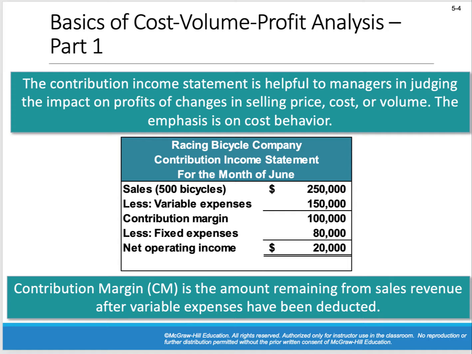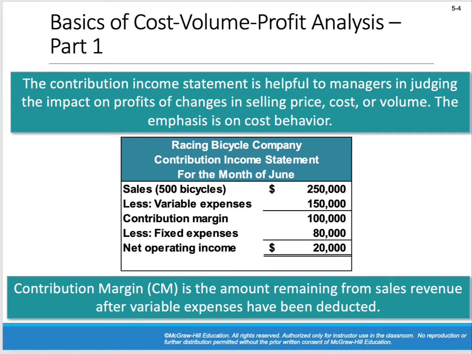So here it is again. The reason why we use that contribution format income statement is because it's helpful to managers when they're judging the impacts on profits of changes in 3 things. And those 3 things are going to be the selling price, the cost, or the volume.